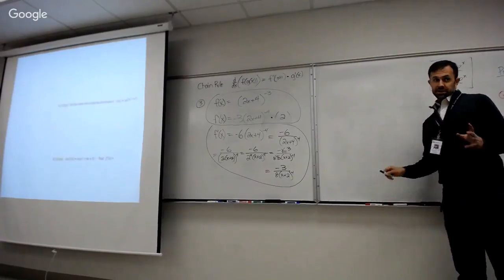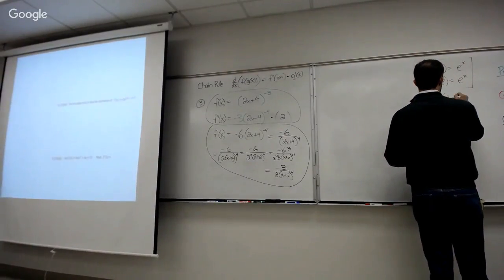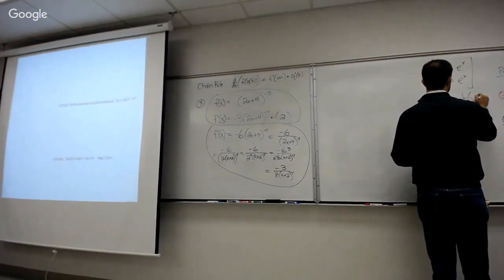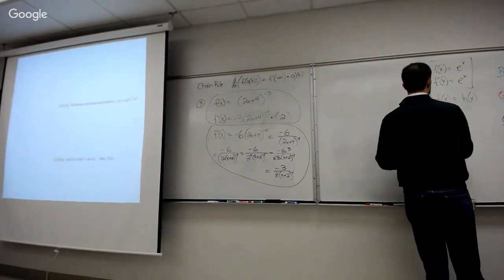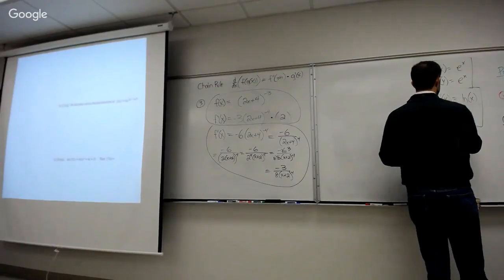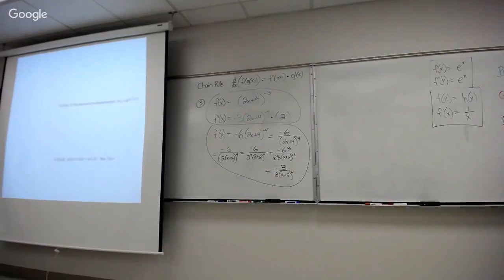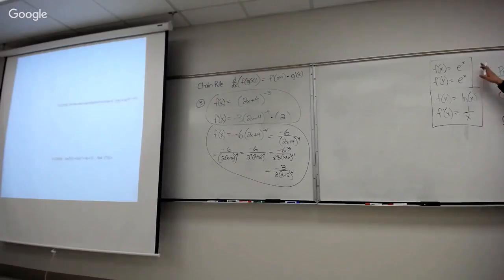One we've only done once so far is what's the derivative of the natural log of x? The derivative of natural log of x is simply 1 over x. That is 1 over the argument. And we're about to see what that really means in context.